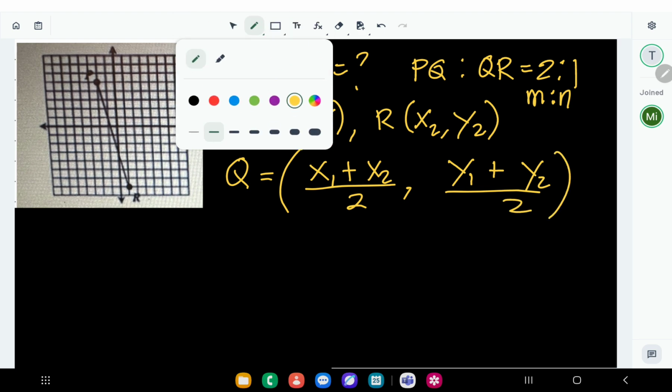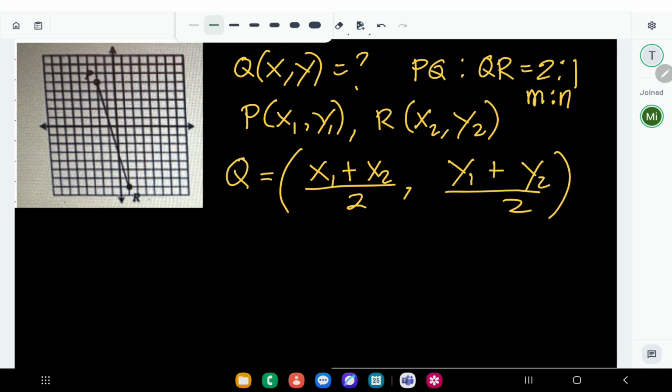But we're given the ratio. So that means we multiply by the ratio here. Instead of using this one, the midpoint formula will become like this.